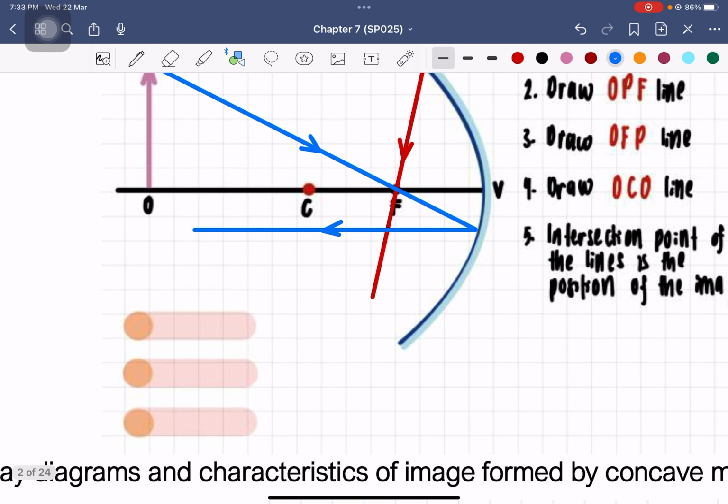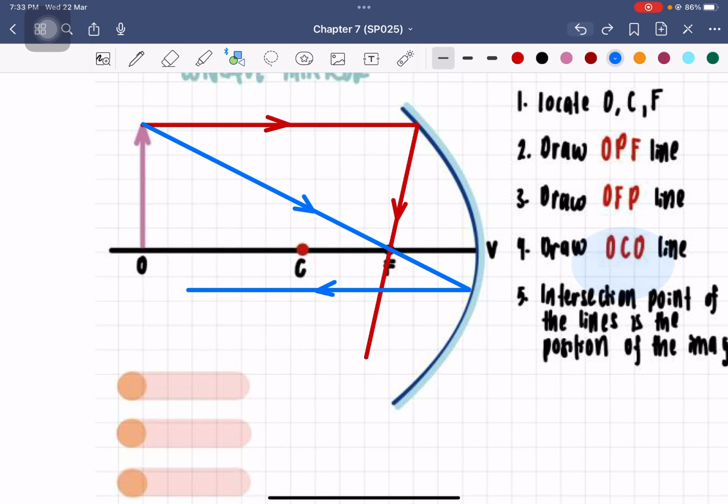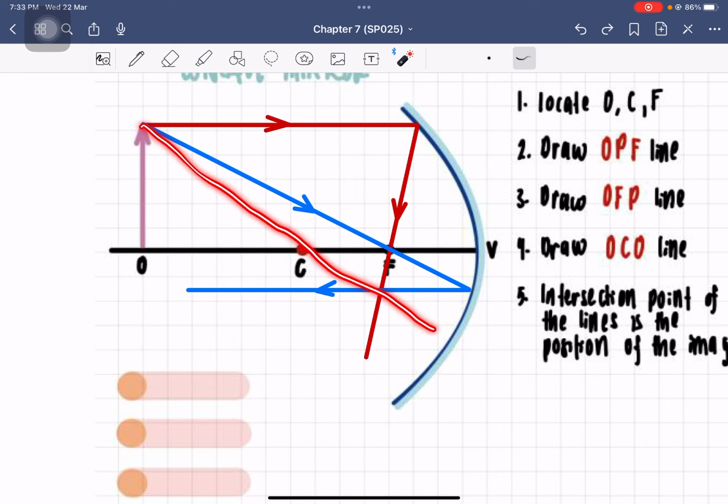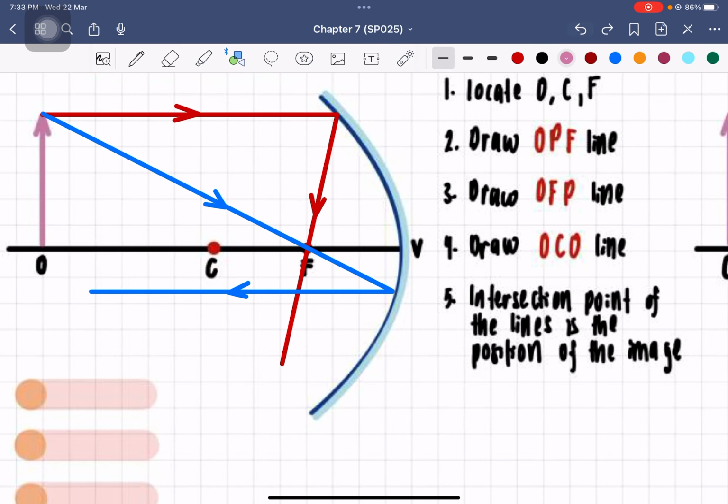If you want to draw the line for this one, it goes from the top of the head, through the center of curvature, and is reflected back through the center of curvature as well. It's going to be like that, right? But I'm just going to focus on drawing 2 rays only, and the image is going to be formed somewhere here.